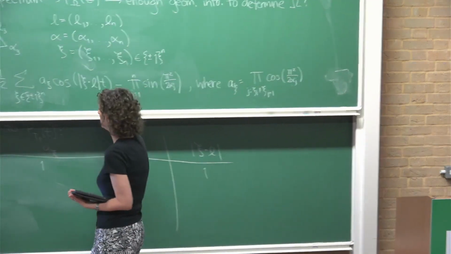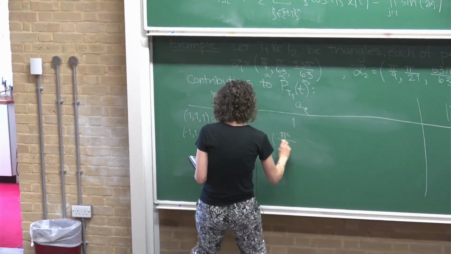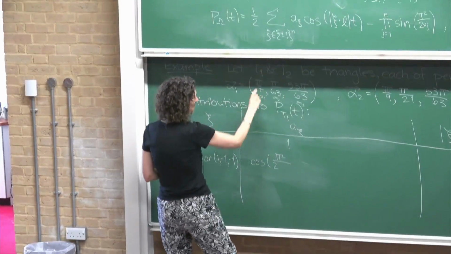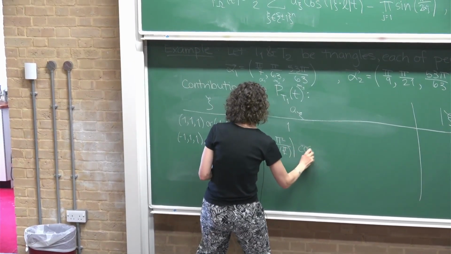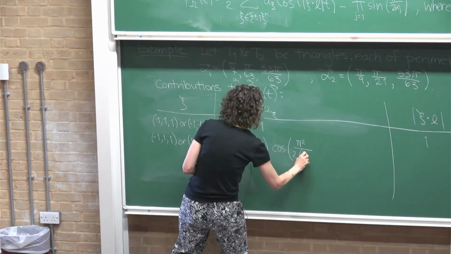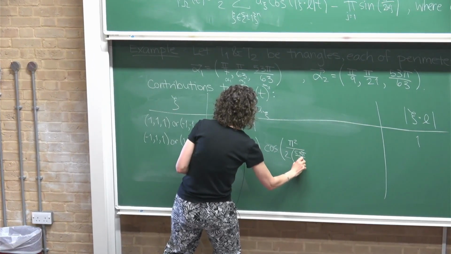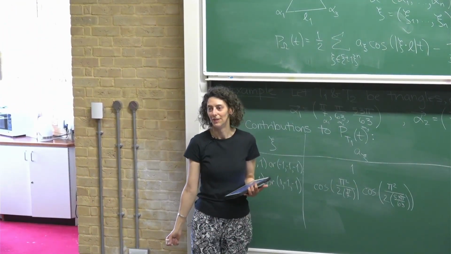Okay, so this is cosine of pi squared over 2, and alpha 1 is pi over 7, and so on, with 53 pi. Okay, what does that equal?